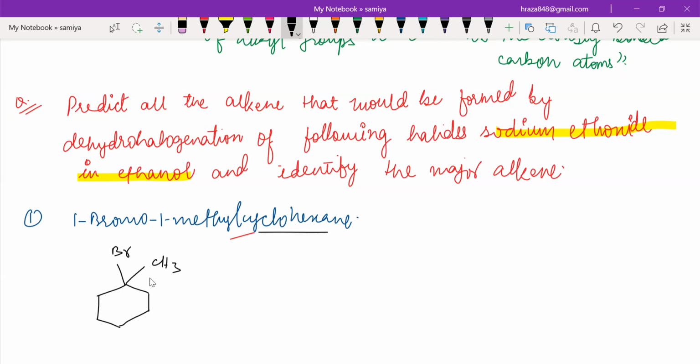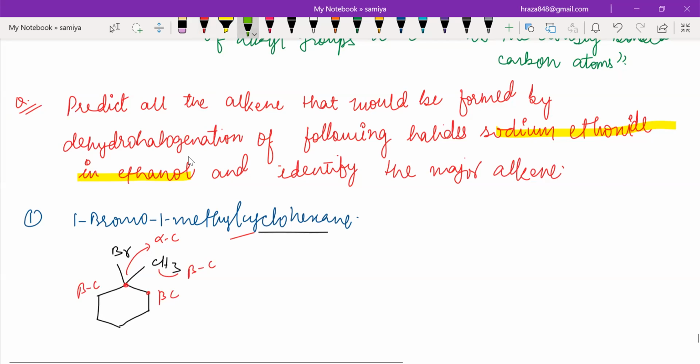To this carbon, this Br is attached. This is the alpha carbon. This is a beta carbon, and this is also a beta carbon. Yes or no? Yes, sir.